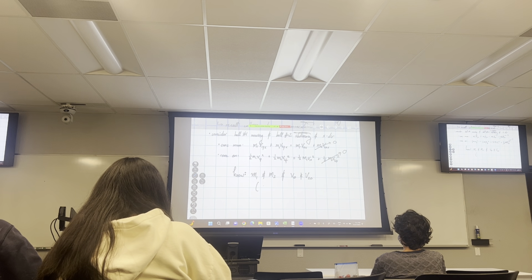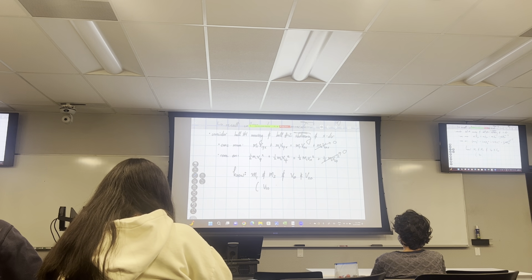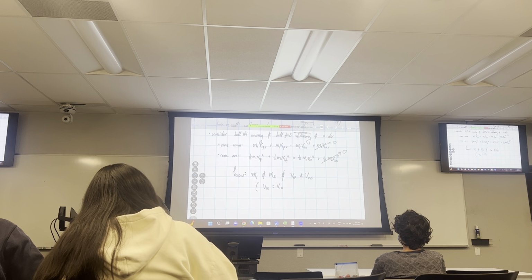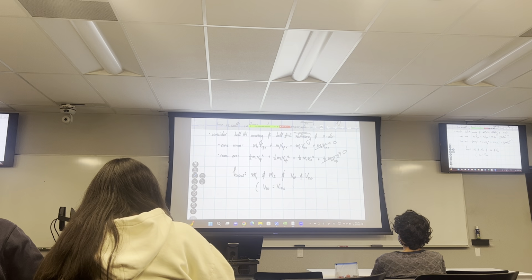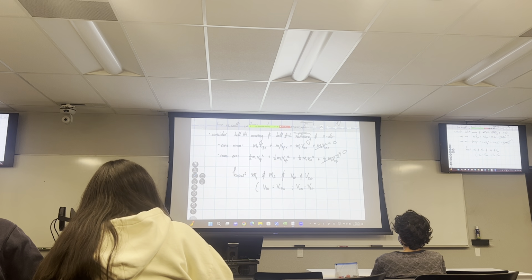But as an aside, because it's only in the x direction, we have these relationships. V1 naught is actually equal to V1 naught x. Likewise, V2 naught is equal to V2 naught x, as well as their finals. V1f is equal to V1 fx.